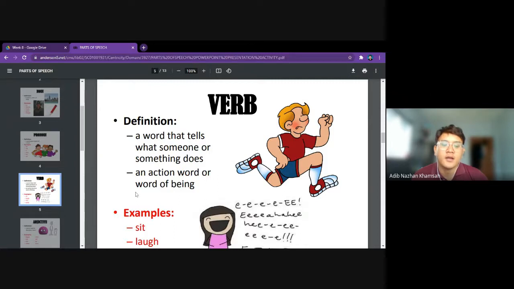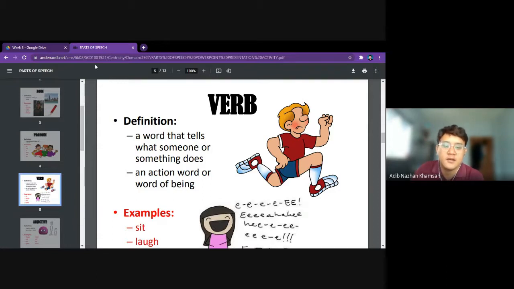And this one is also mentioned in the definition. It's an action word or word of being, what you do. The simplest examples are teaching, learning, singing, dancing. Dance, sing, teach, swim, call, talk, speak.